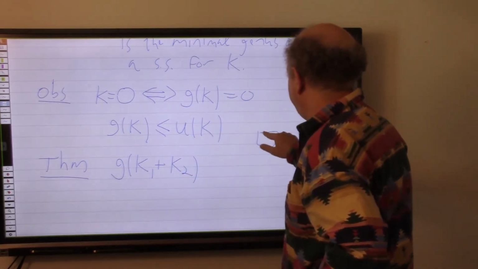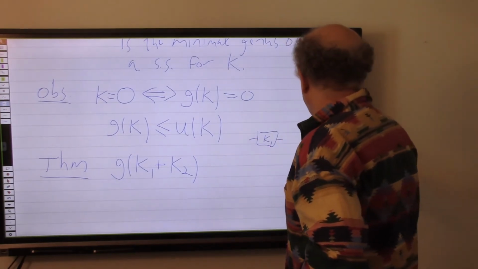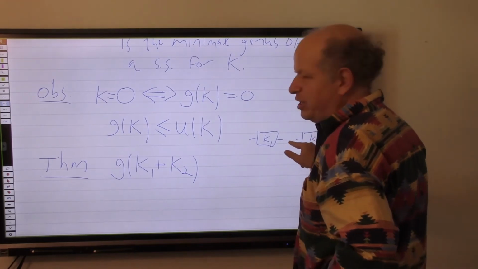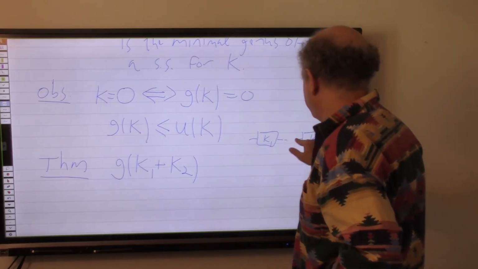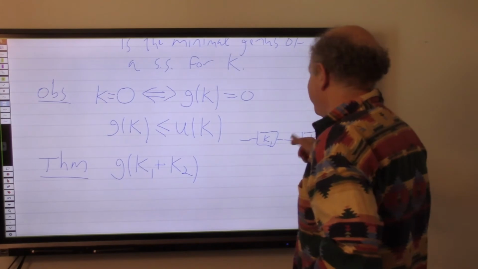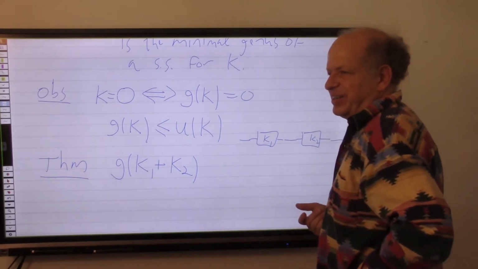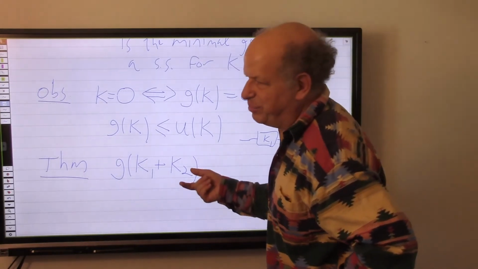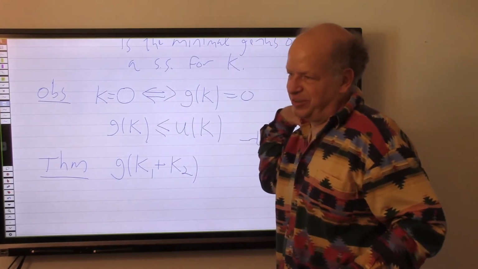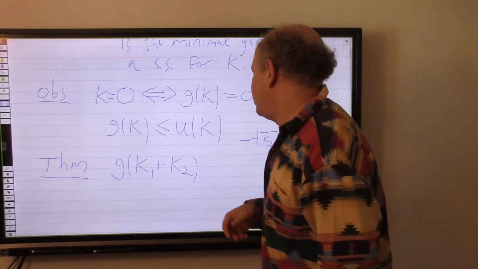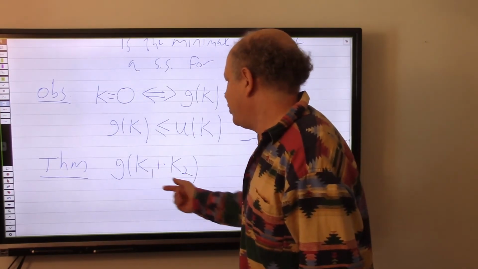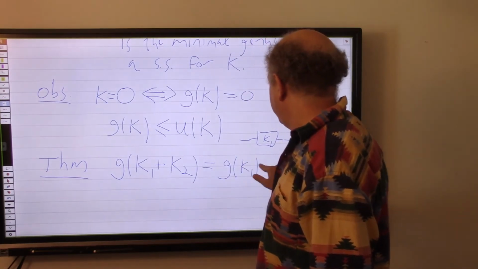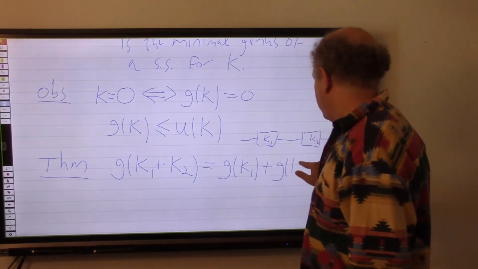If you have K1 and K2, the connected sum is what you get when you just connect them by an extra edge. You can use the hash, I might have used the hash, but I want to use plus now. So the genus of K1 plus K2 is equal to the genus of K1 plus the genus of K2.